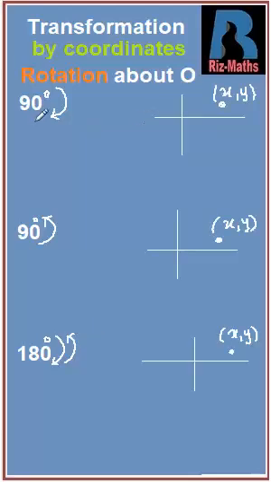So in 90-degree clockwise, this point will move clockwise about this origin, and it will come here after rotation. So its coordinates will become swapped, so it will be y and negative x. So we can say that xy will transform to y, negative x.